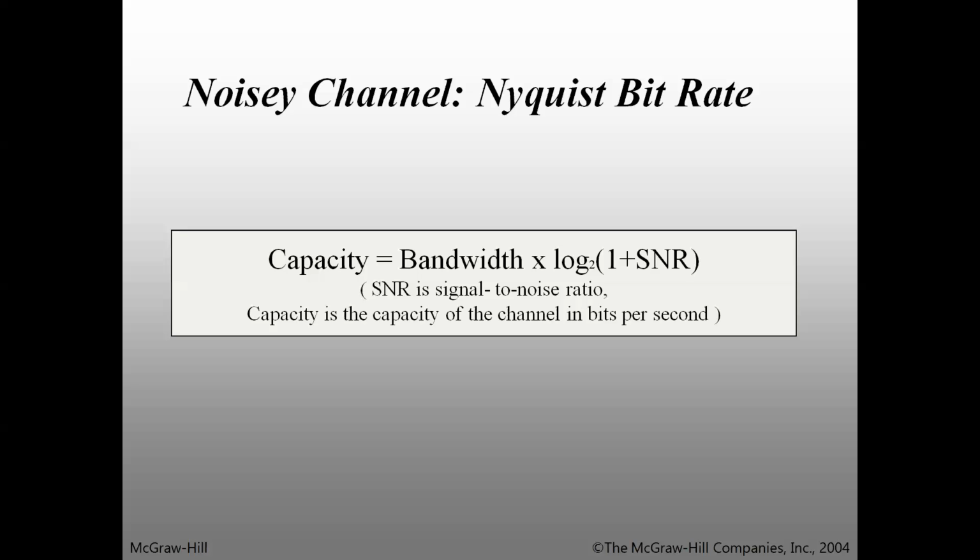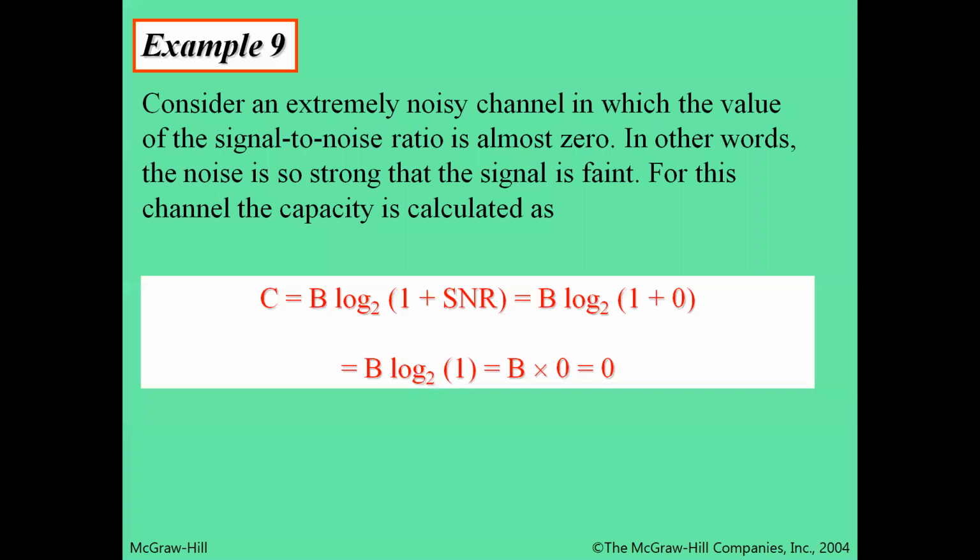If I know the value of SNR and the value of bandwidth, we can directly come to an example: an extremely noisy channel in which the value of signal to noise ratio is almost 0. See, signal to noise ratio means signal power by noise power.